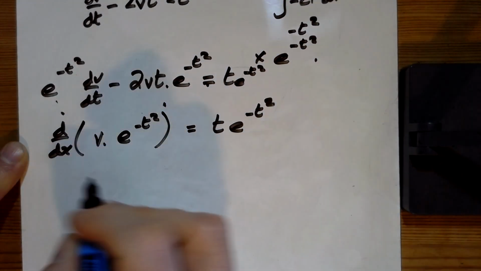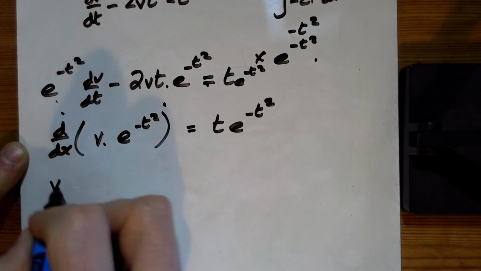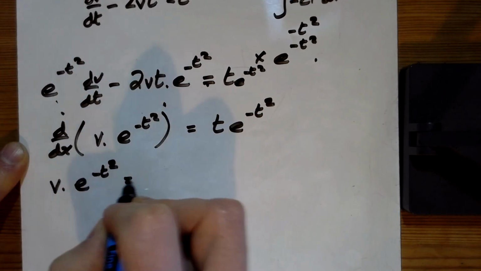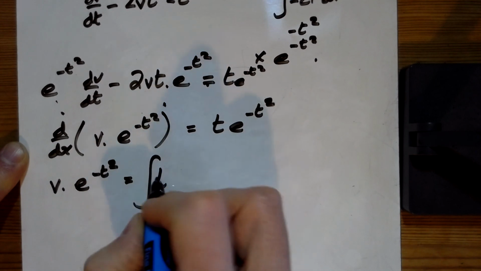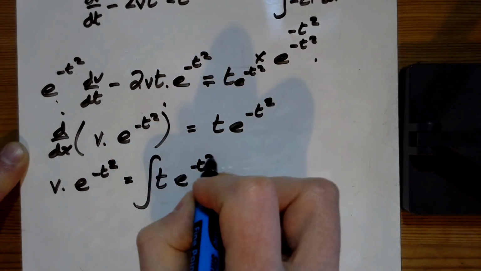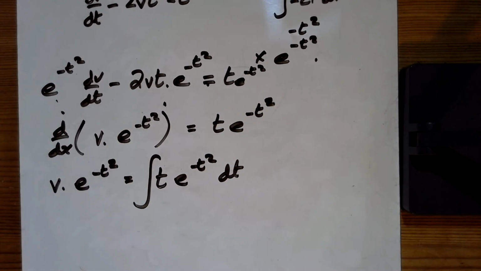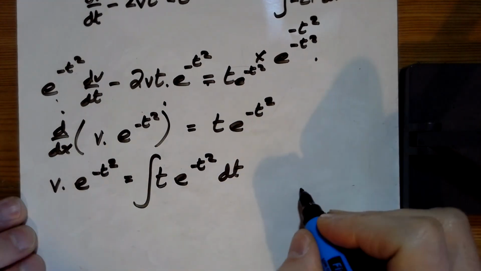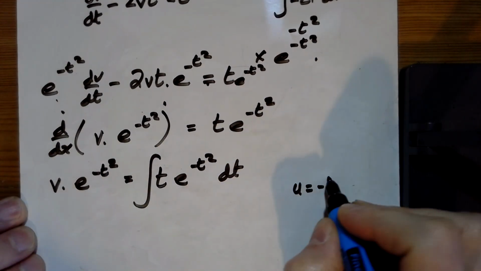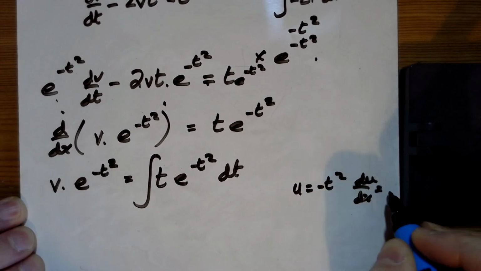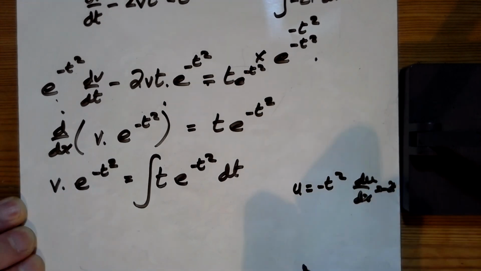So integrating both sides, integrating this side gives us v times e to the minus t squared. Integral of this side, well, that's going to be a substitution of u equals minus t squared, isn't it? Let's do that down here. u equals minus t squared, so that differentiates again to minus 2t.